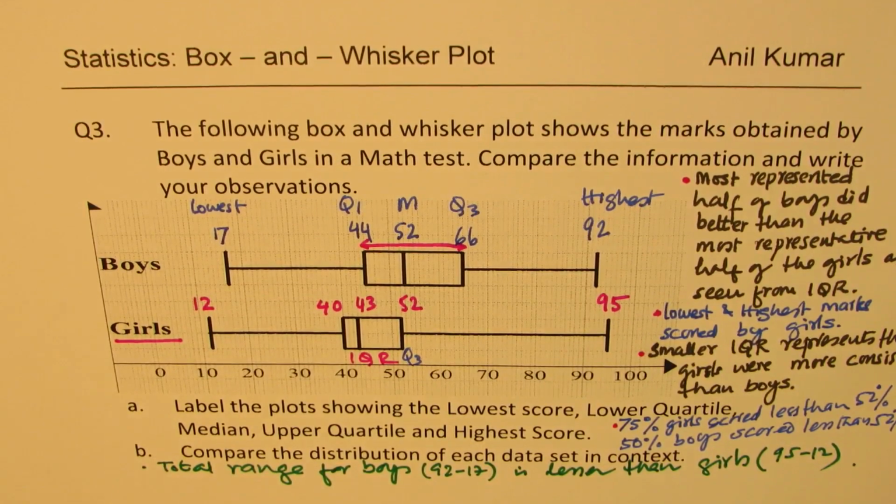So that is how you could actually compare the two and describe them. So we have to relate them with the technical terms, especially the five-number summary terms: quartiles, median, interquartile range with links to Q3 and Q1, the highest marks. Perfect. So if you answer like this, you can probably get full marks.